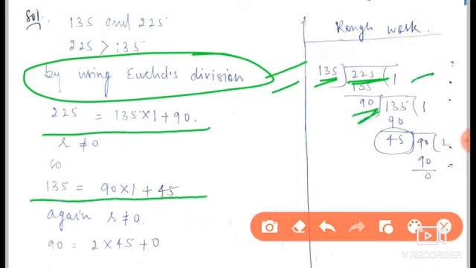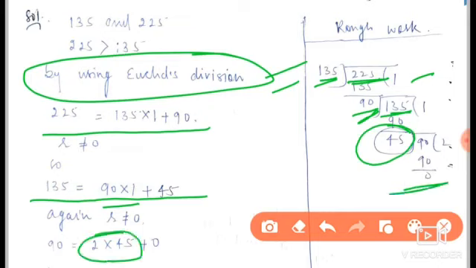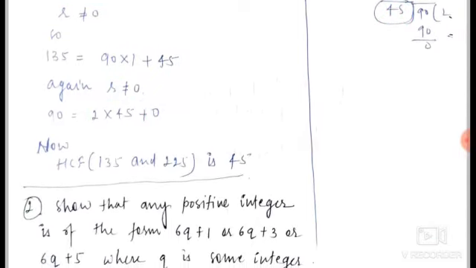Again 135 = 90 × 1 + 45, because 45 is the remainder. Again 90 = 45 × 2 + 0. So the number which divides completely, when the remainder comes 0, that number is the HCF. So the HCF of 135 and 225 is 45.